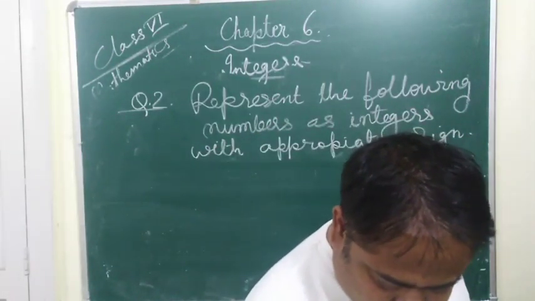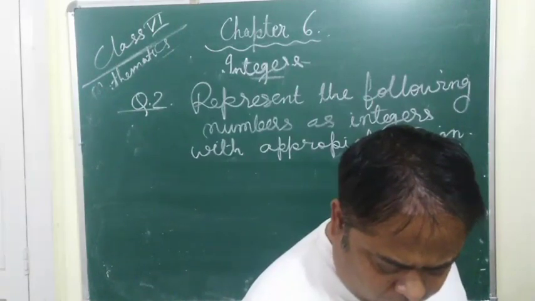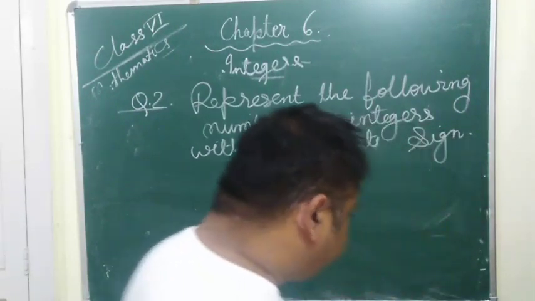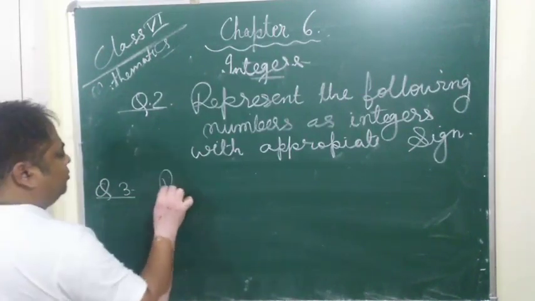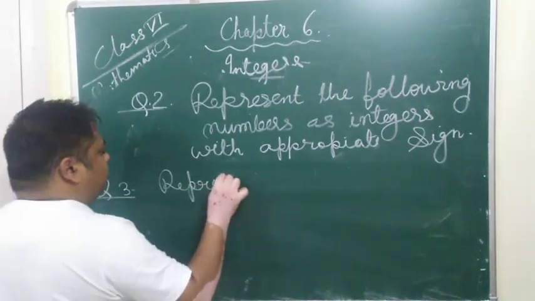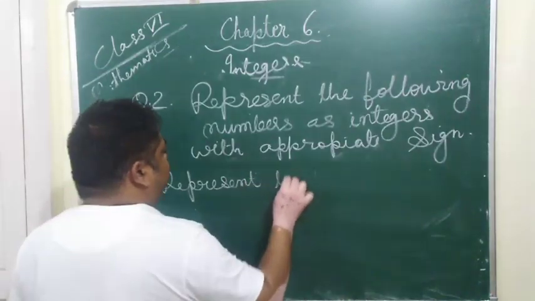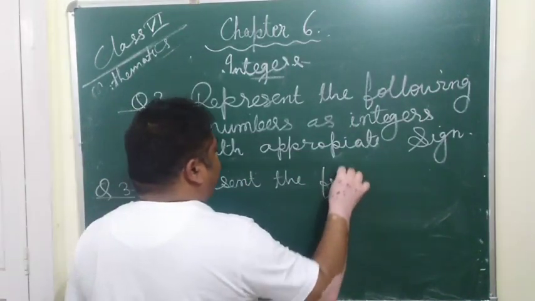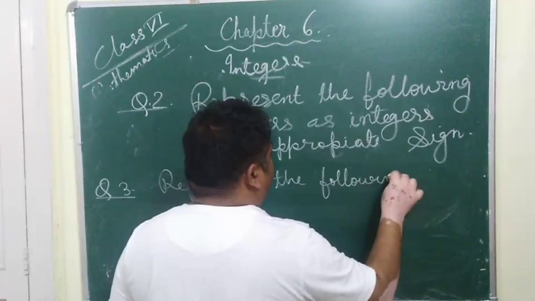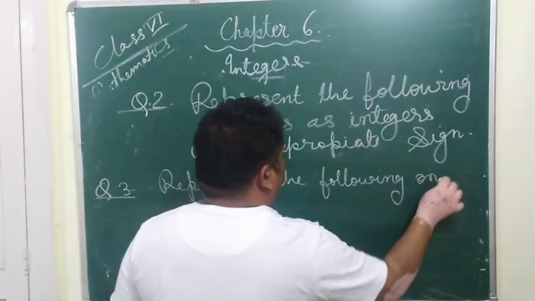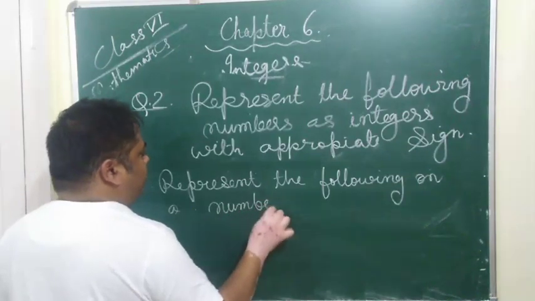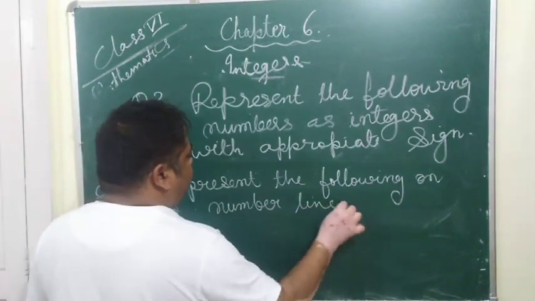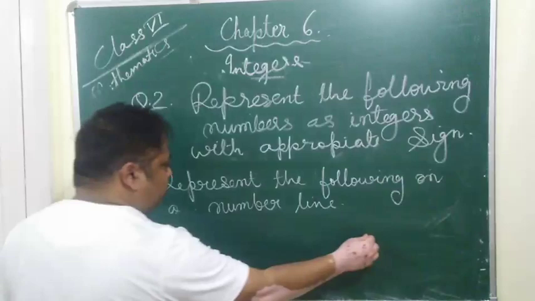Question number 3. Represent the following on a number line. So first we have to draw a line.